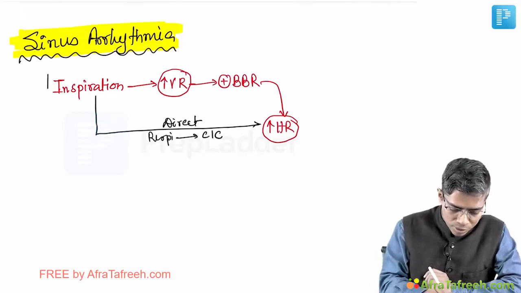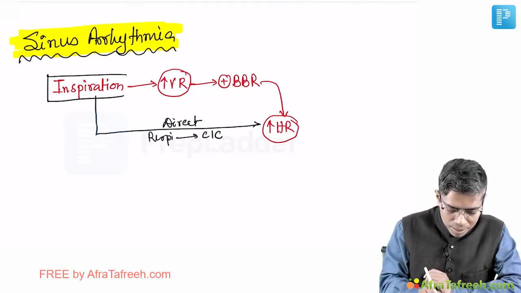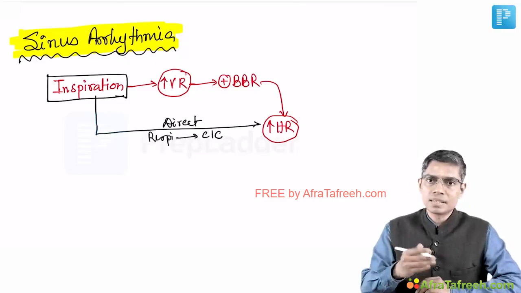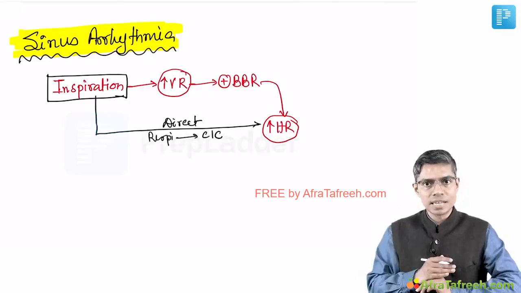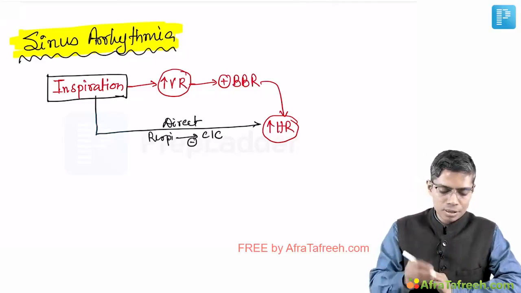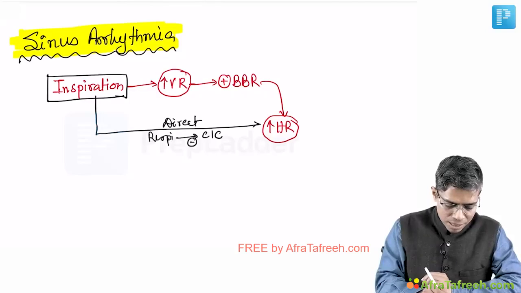So two causes so far: during inspiration Bainbridge reflex is activated, increasing the heart rate. During inspiration there is a direct pathway from respiratory center that inhibits the CIC, and that's why heart rate is also increased. Not only that, the third, during inspiration what happens?